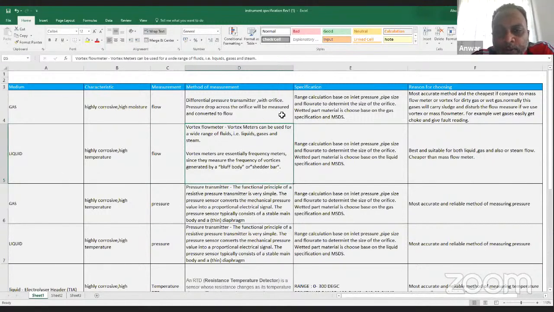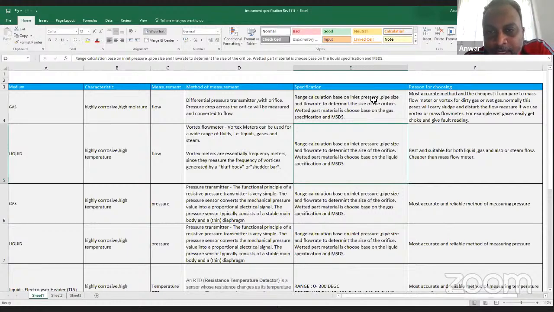Okay, so the range of the calculation will be based on the inlet pressure, the pipe size, and also the flow rate to determine the size of the orifice and also the bluff body or the shedder. And the wetted part also will be chosen based on the liquid specification from the SDS.